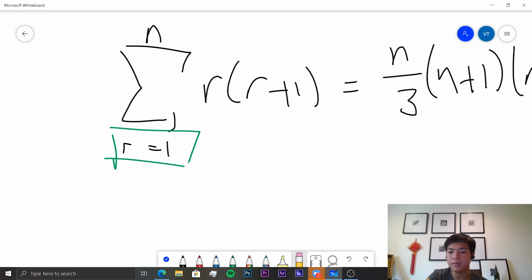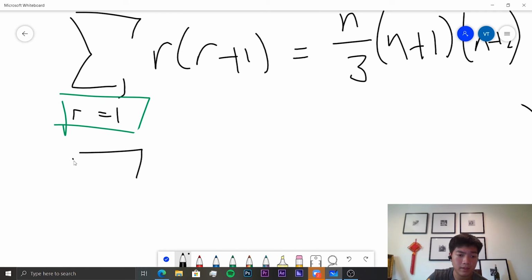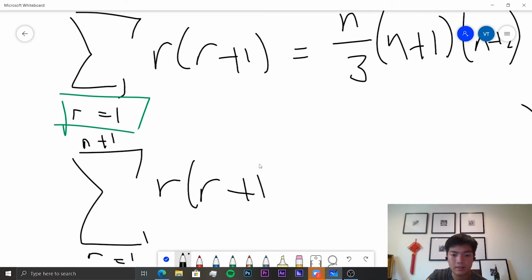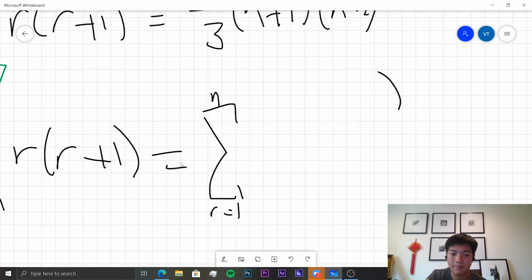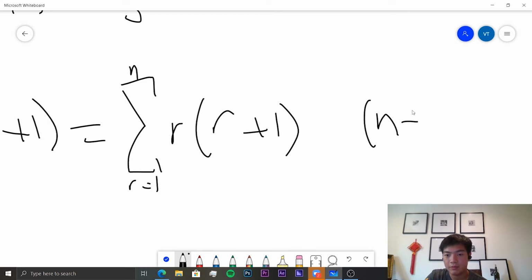So, well, what can we say? We can say that the sum from r is equal to 1 to n plus 1 is, of course, equal to the sum from r is 1 to n of the same, and then we add, of course, n plus 1, because it's n plus 1 here and then n plus 1 plus 1.